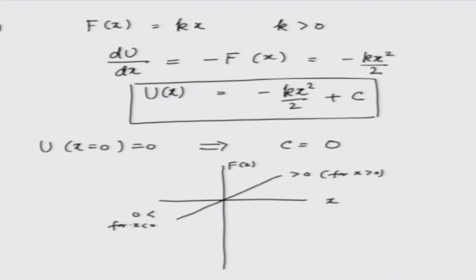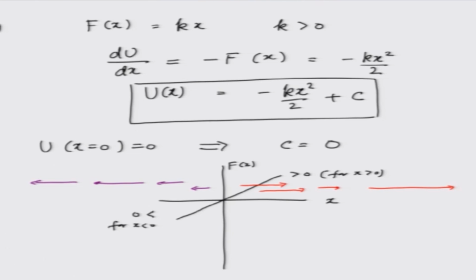That means on the right side, for x greater than 0, the particle is going to experience a positive force and therefore is going to be pushed this way. Larger the x, more the force. On the negative side of x, the particle is going to be pushed to the left. Larger the distance from the origin, more the force.